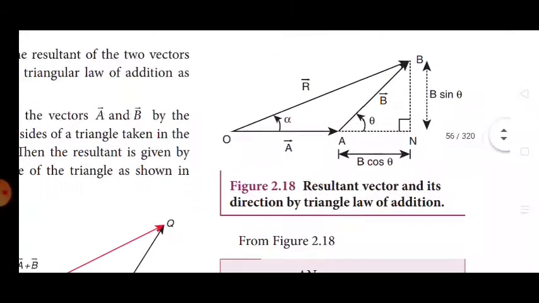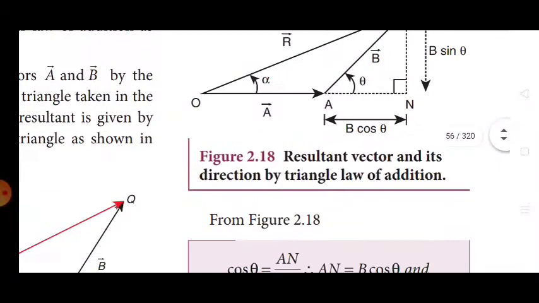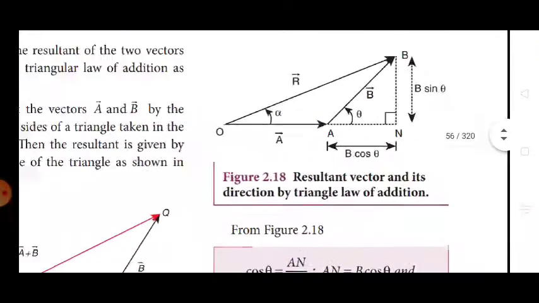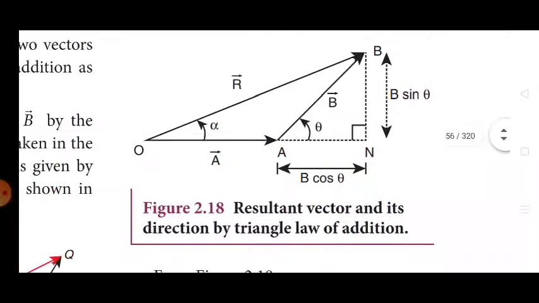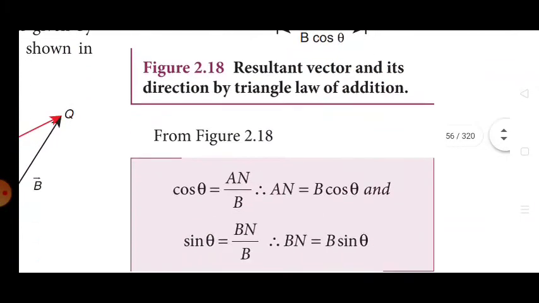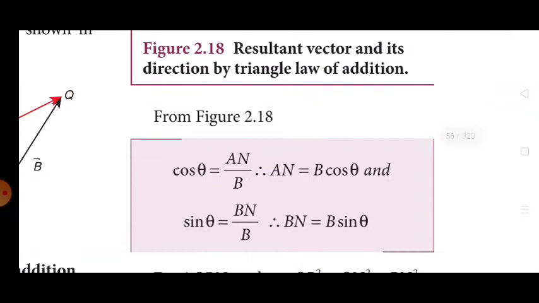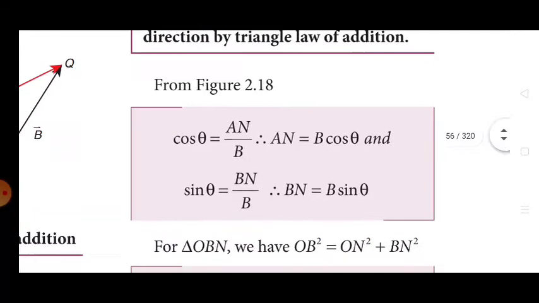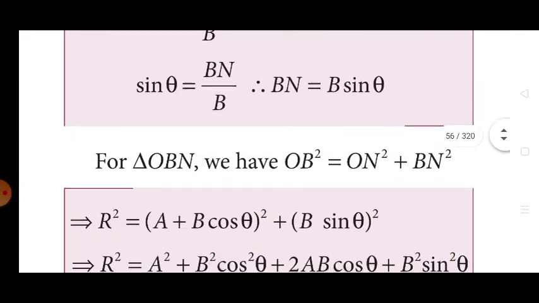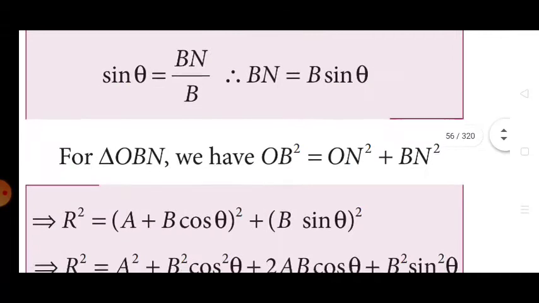Cos theta is equal to AN by B. So therefore AN is equal to B cos theta, and sin theta is equal to BN by B, so BN is B sin theta. From triangle OBN we have OB square is equal to ON square plus BN square.